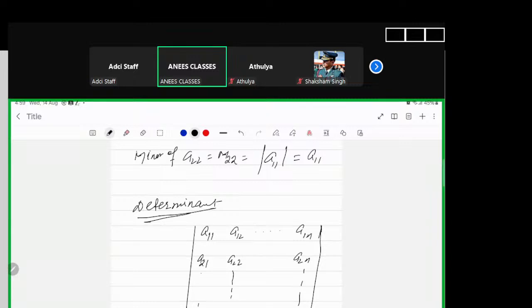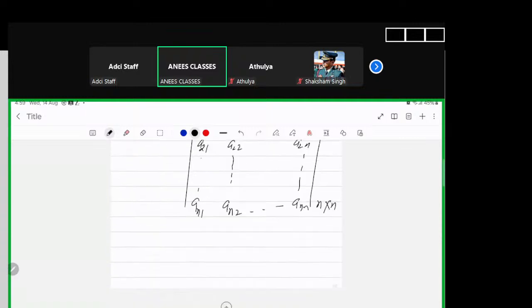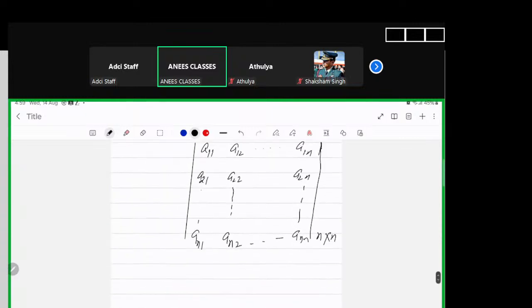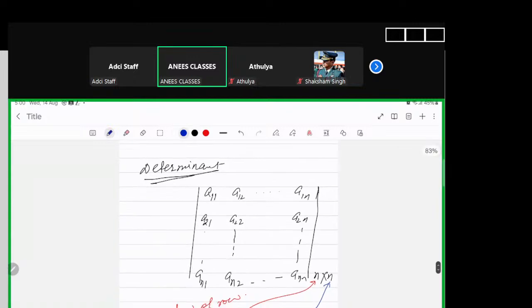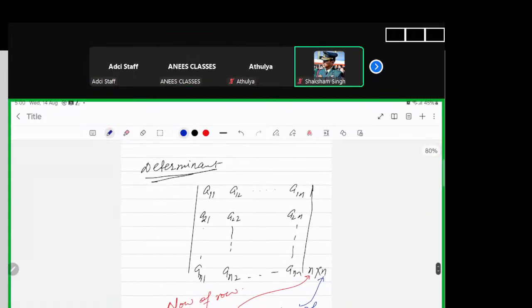This will be written as n by n. The first n will be the number of rows and the second n will be the number of columns. Understood, Saksham? Yes, sir. Understood.